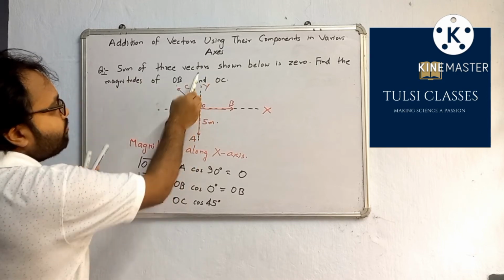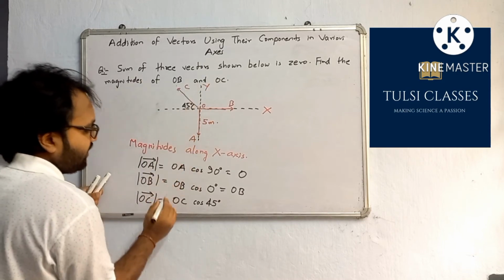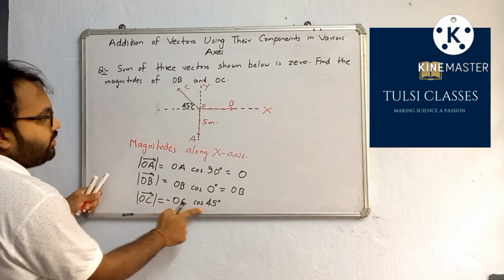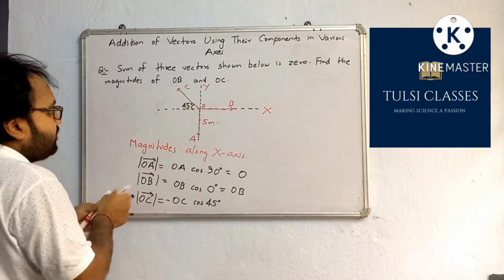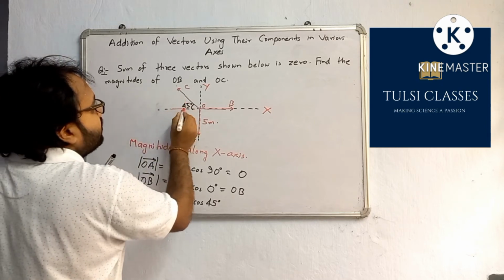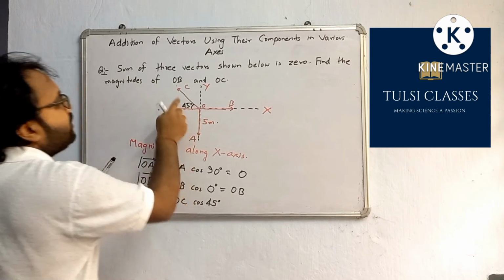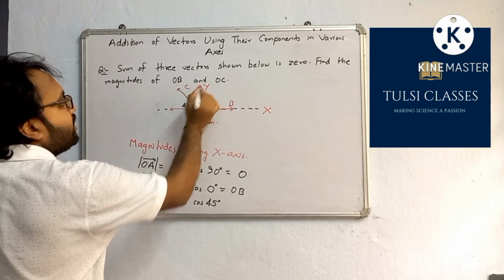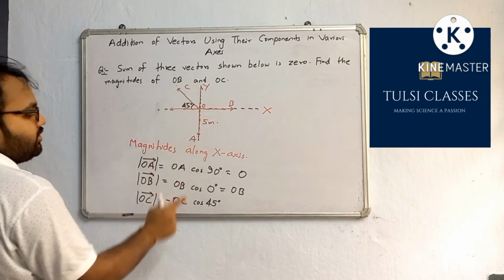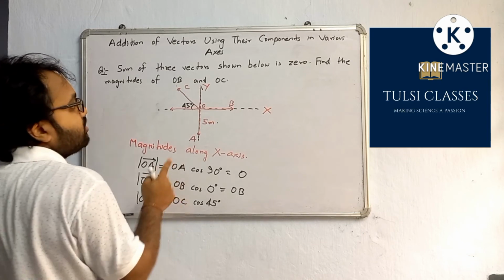Due to the negative x axis we put a minus sign: minus OC cos 45 degree. That's why we have written minus OC cos 45 degree.